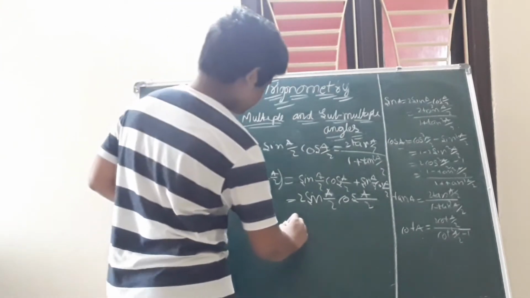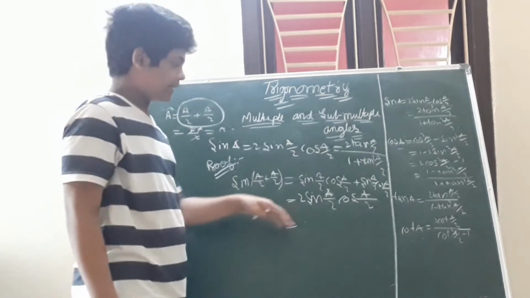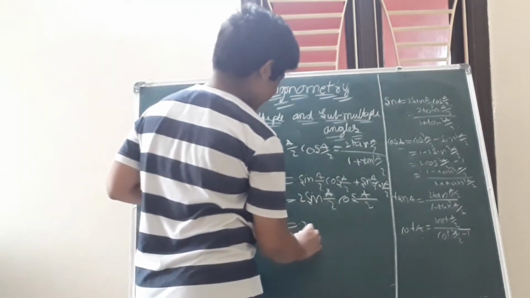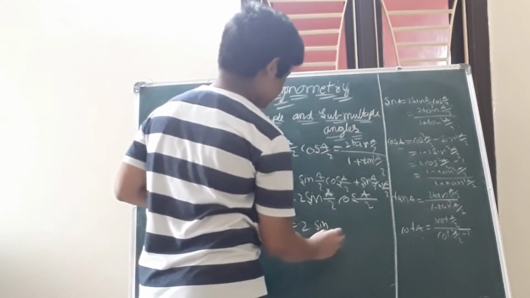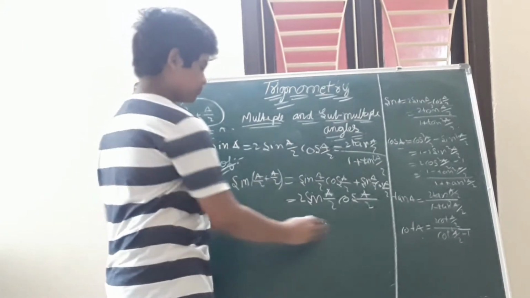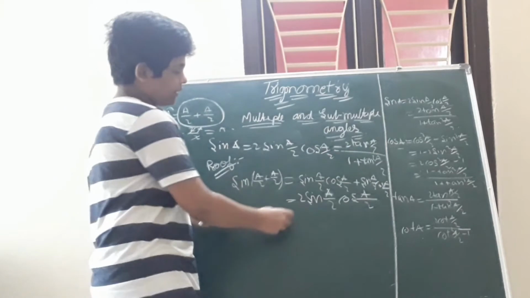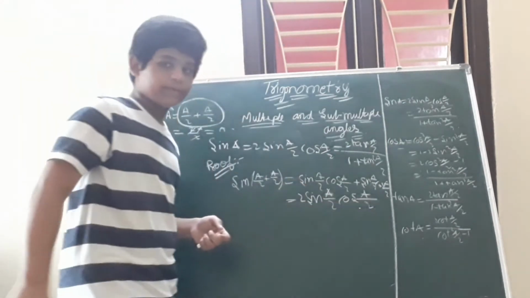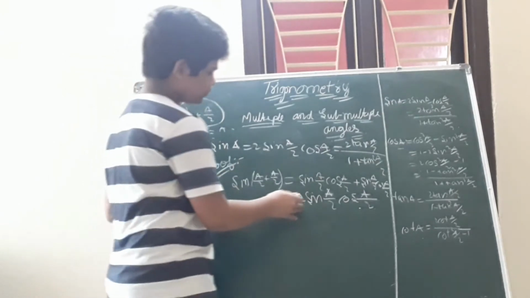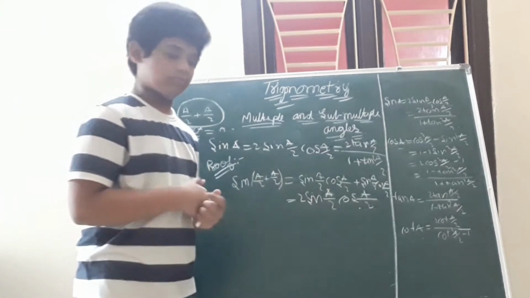So now I am going to multiply and divide by cos A by 2 the expression 2 sin A by 2 into cos A by 2.